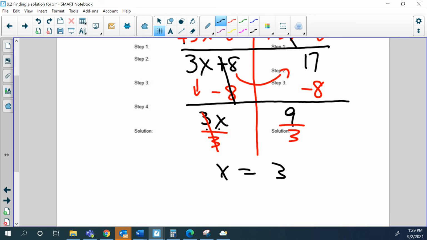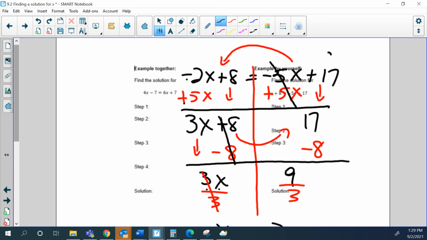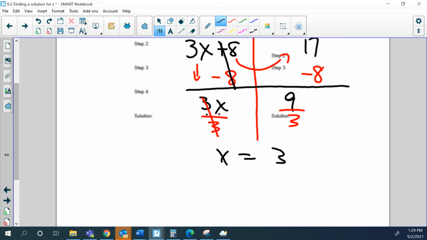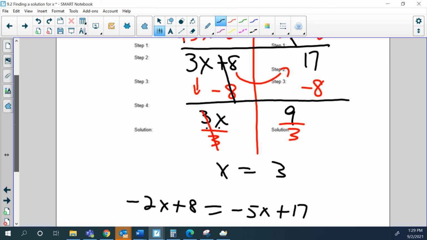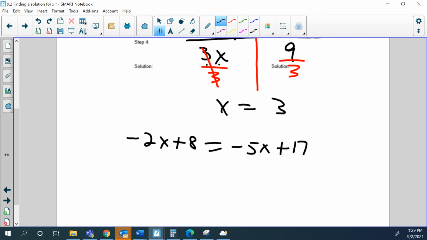Let's verify that is correct. Let's go back and get the equation. Again, let me make sure I have the right equation. All right, that was negative 2x plus 8, and that was equal to negative 5x plus 17. I think that was correct. Negative 5, yeah. And x is equal to 3. So let's do this now. Negative 2, replace the x with 3, plus 8.